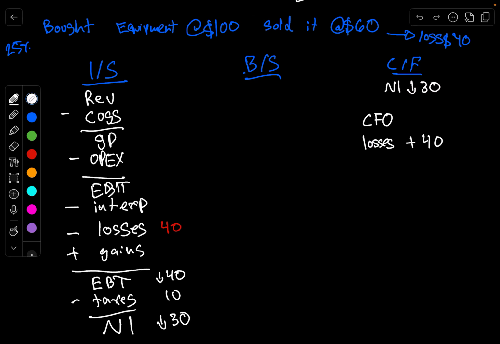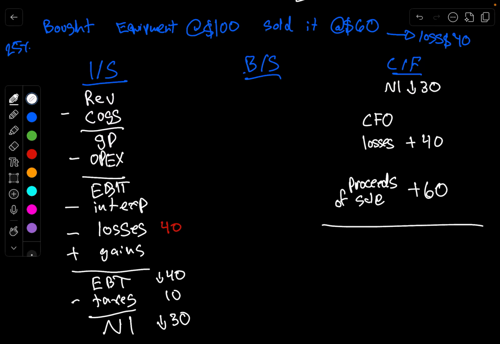Now we're going to take into account that we sold it at $60, meaning that we got an additional $60 as proceeds of the sale. So let's net that out.